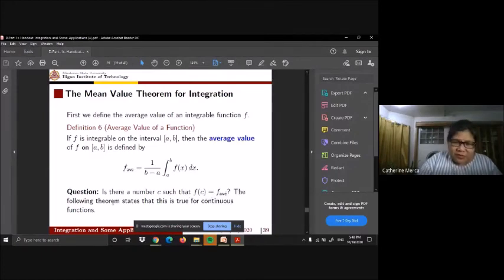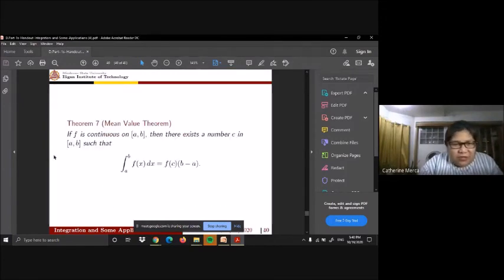The following theorem states that this is true for continuous functions. So the mean value theorem says that if f is continuous on [a, b], then there exists a number c in [a, b] such that the integral of f of x dx from a to b is f of c times b minus a.